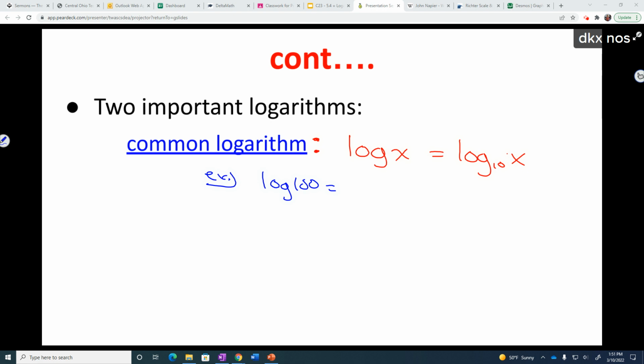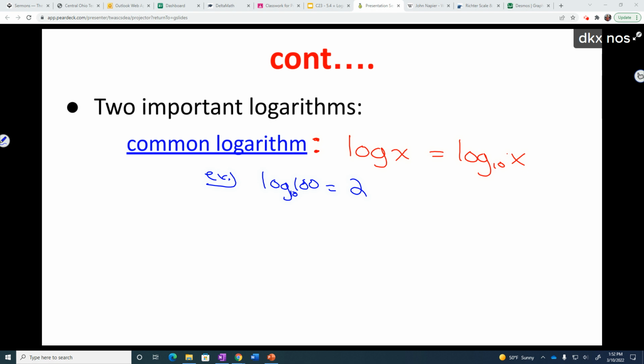Okay, if I write a 10 here, what is it? It's 10 to the power of something to get 100. 2. Yeah, it's 2. 10 to the second power is 100. That's right. 10 times 10.